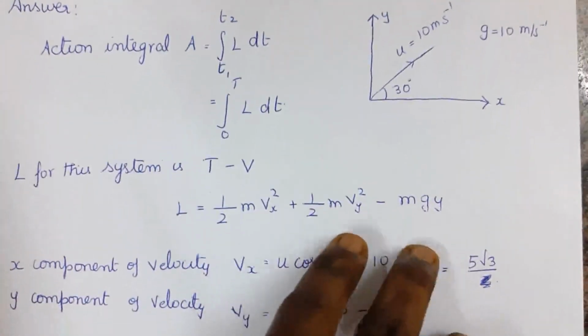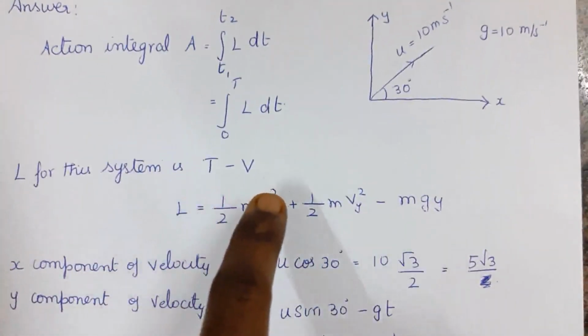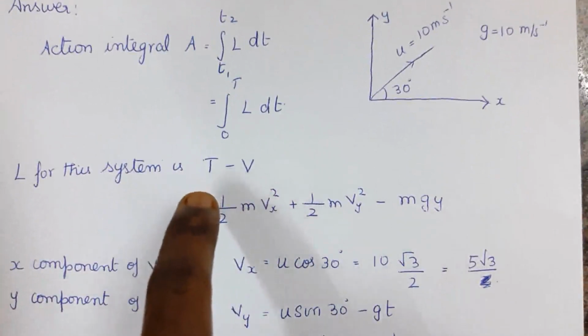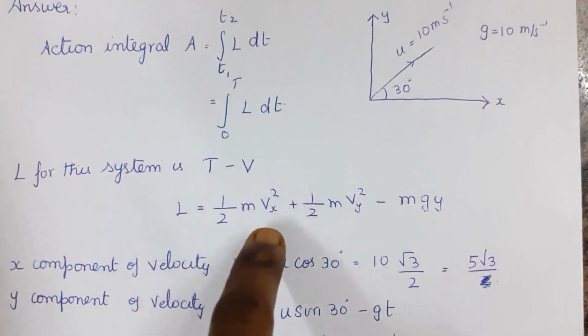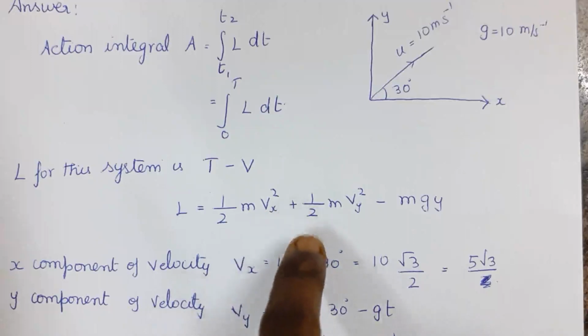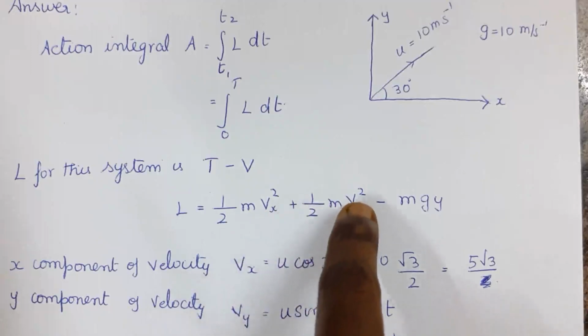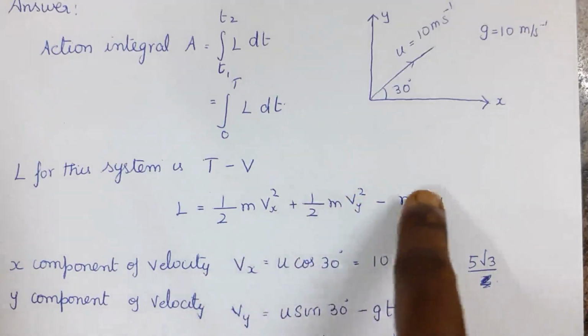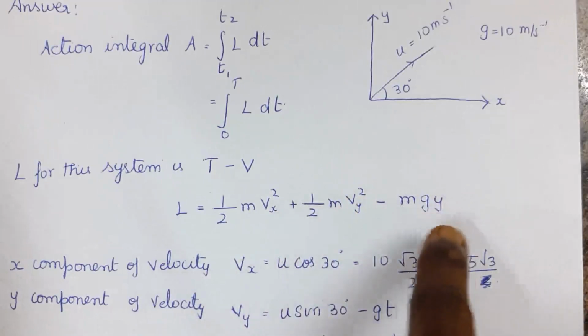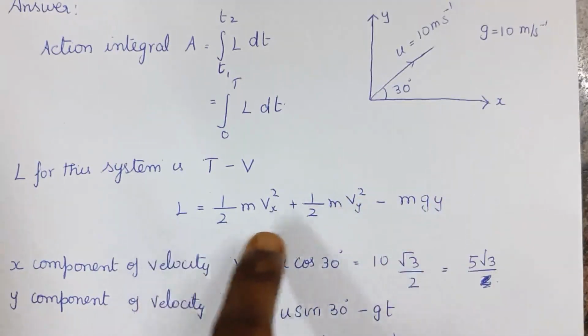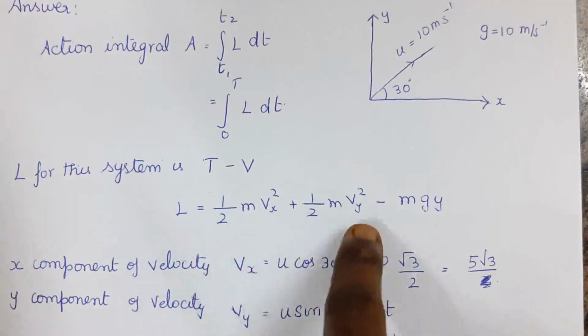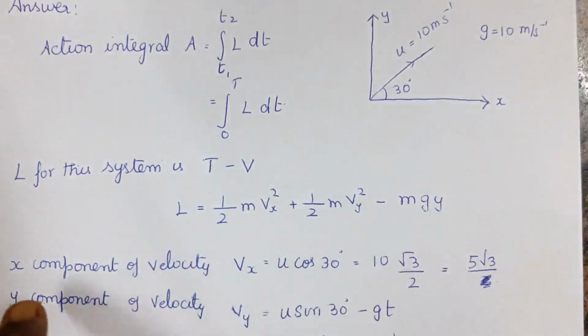So L of this system is L is equal to T minus V. First is the kinetic energy, half m v x component square plus 1 by 2 m v of y component square, minus the potential energy, which is m g y. So for finding the Lagrangian, we have to find the v of x, v of y and y values.